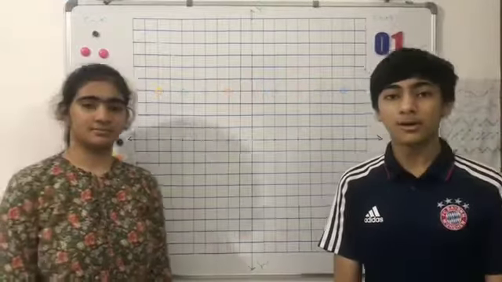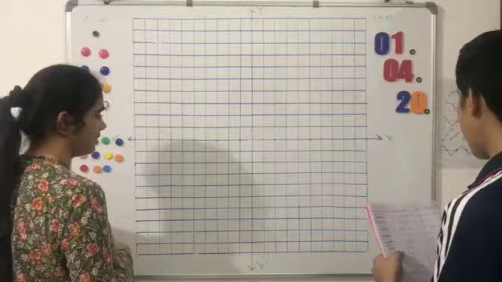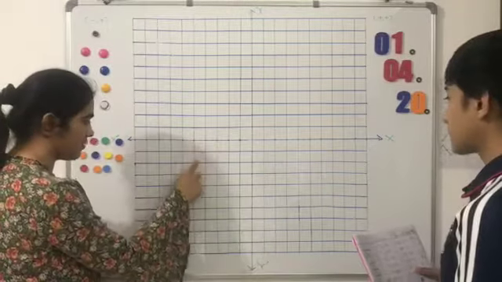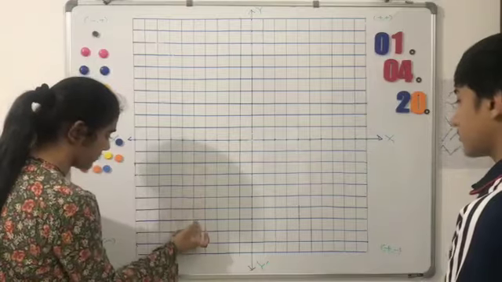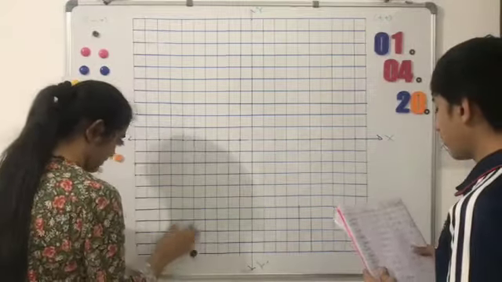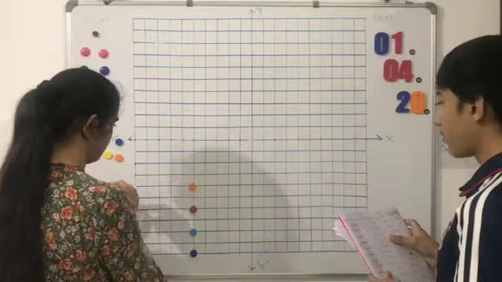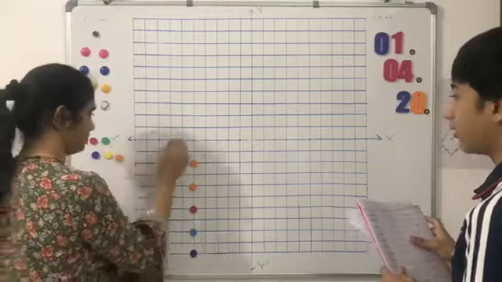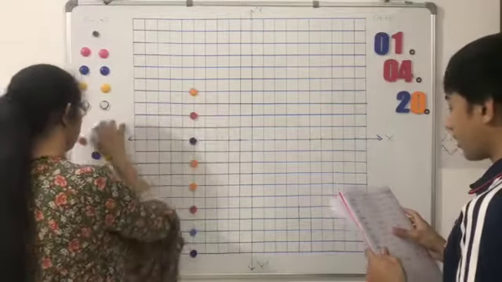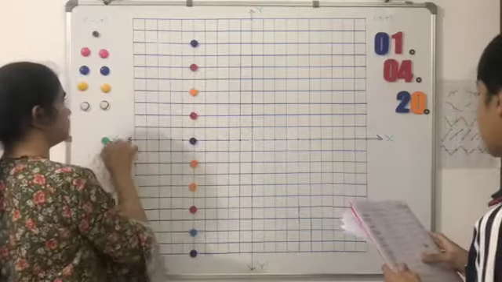We will now draw a line parallel to the y-axis, which will be a line, of course. The points are (-5, -10), (-5, -8), (-5, -6), (-5, -4), (-5, -2), (-5, 0), (-5, 2), (-5, 4), (-5, 6), (-5, 8), (-5, 10).